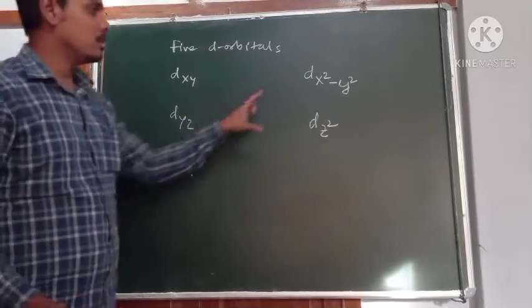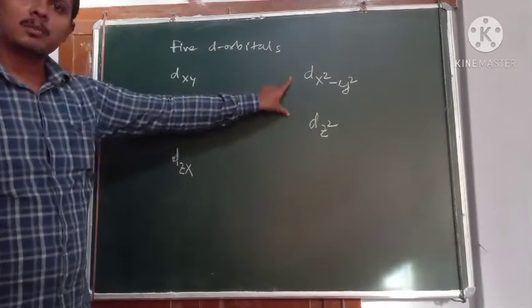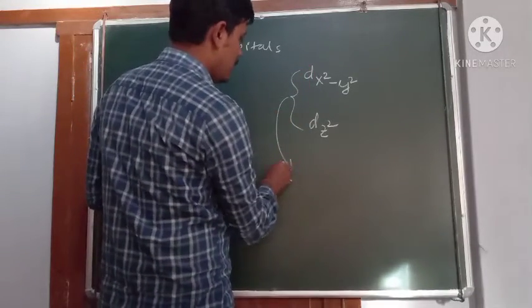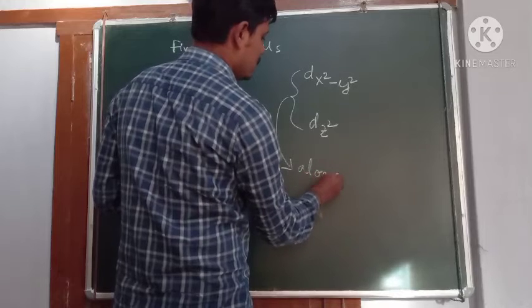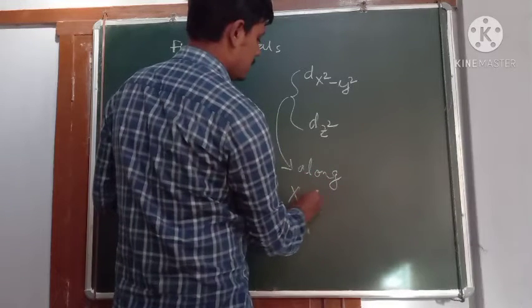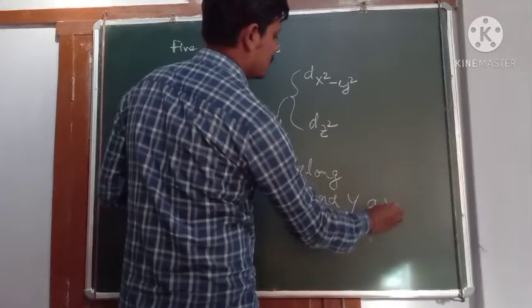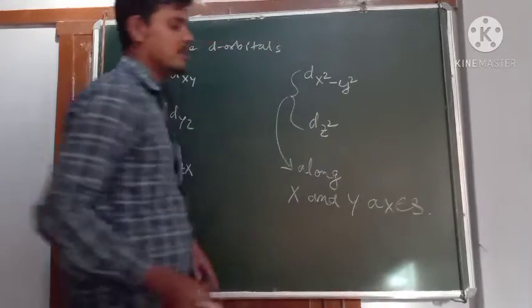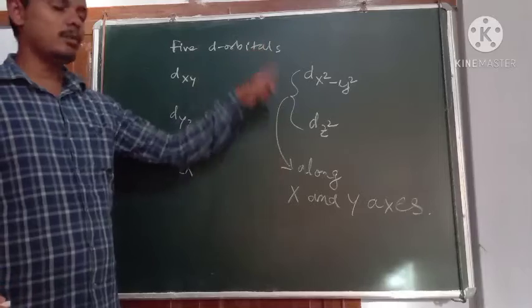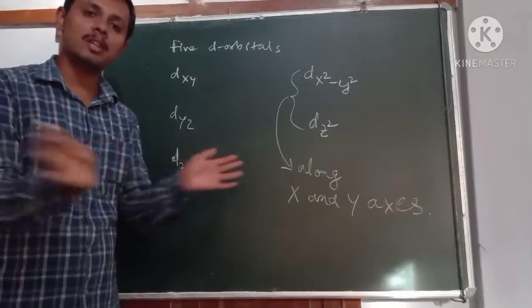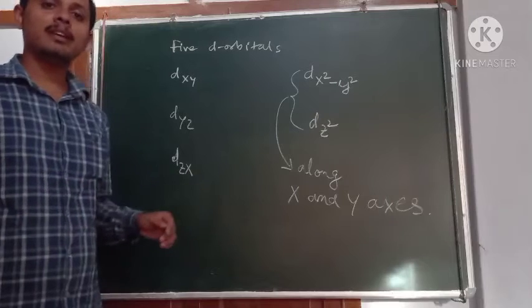Now the thing about the dx square minus y square orbitals is these orbitals are along x and y axis, along the x axis and y axis. এই দুটা d orbital x or y axis হলে যায় along the x axis and y axis.